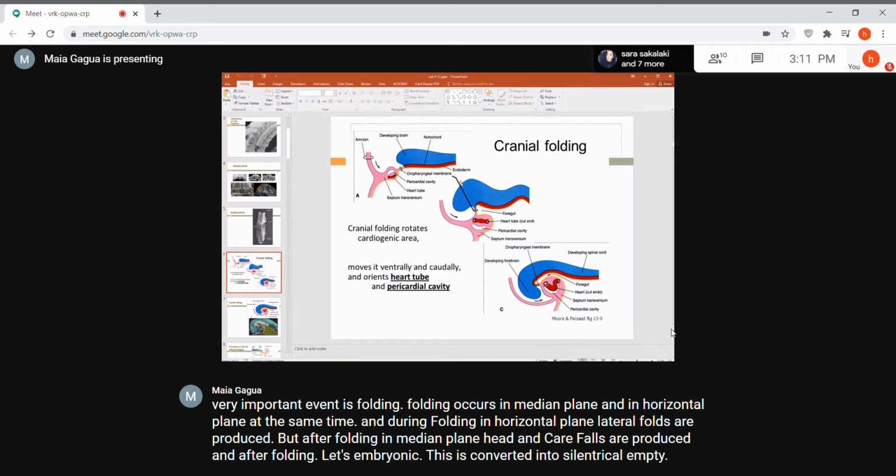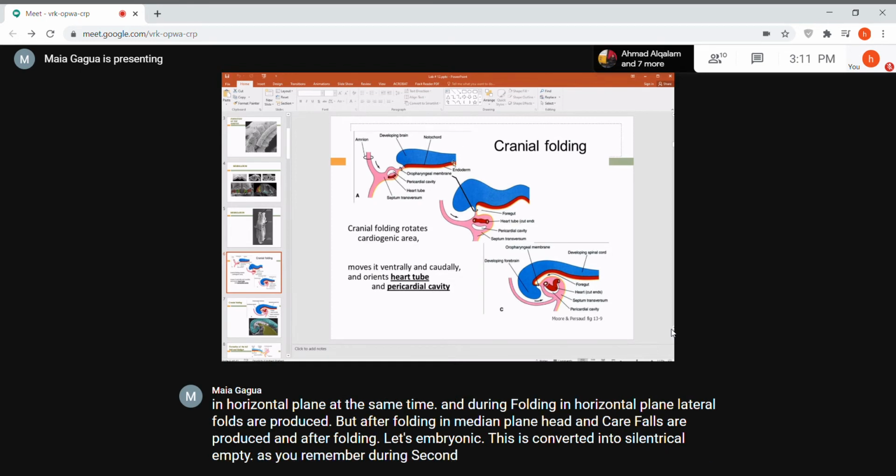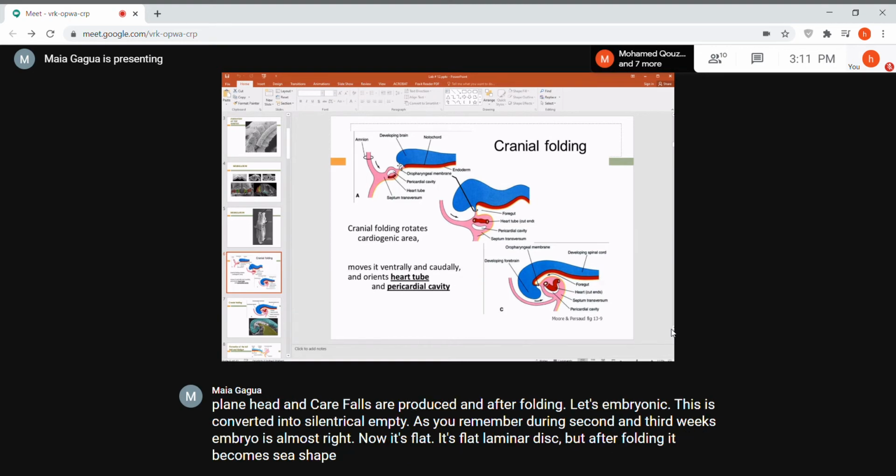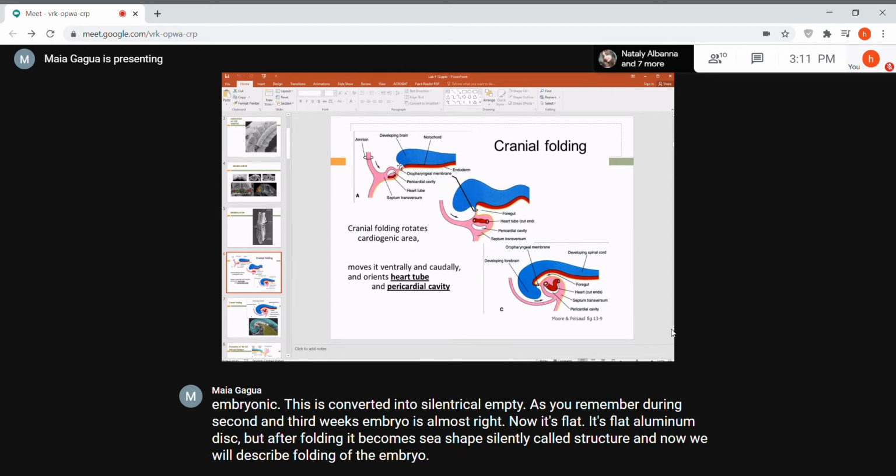As you remember, during second and third weeks, embryo is almost flat. It's a flat embryonic disc, but after folding, it becomes C-shaped, cylindrical structure. And now we will describe folding of the embryo in both directions.